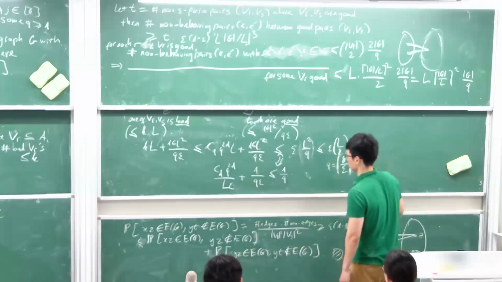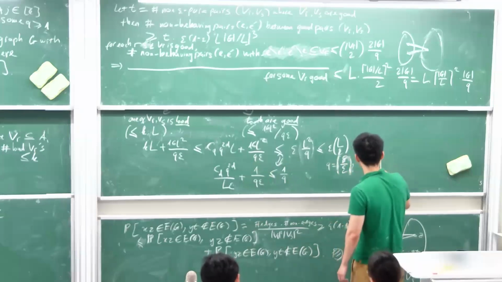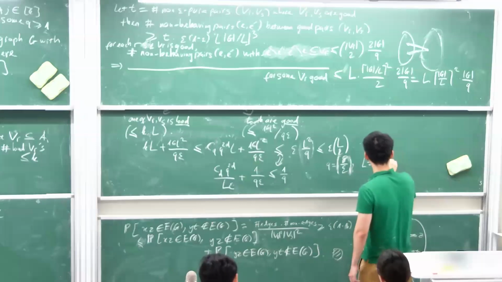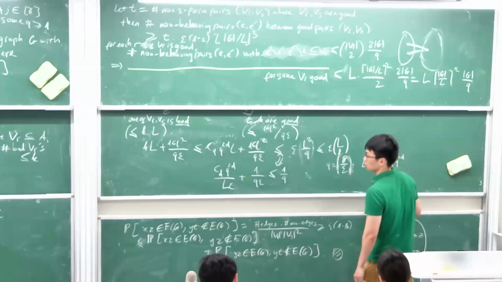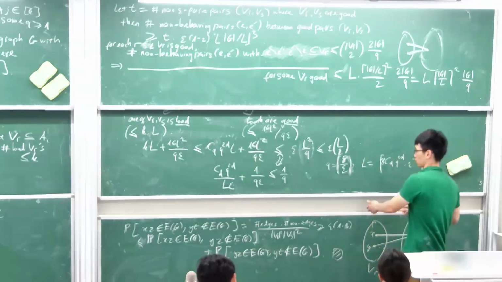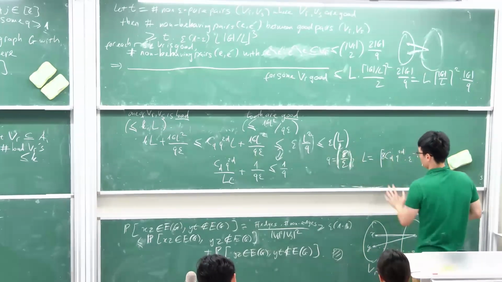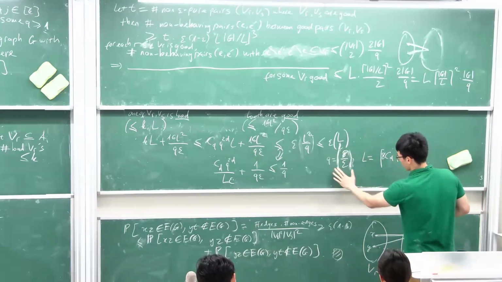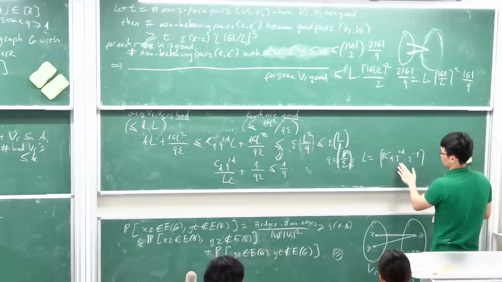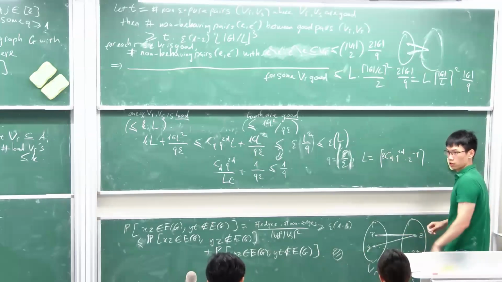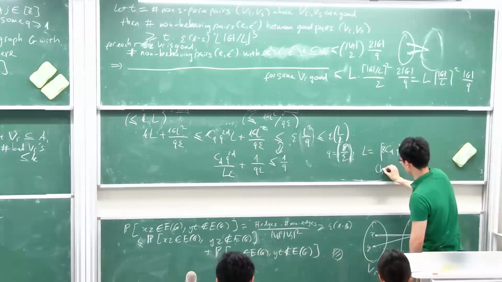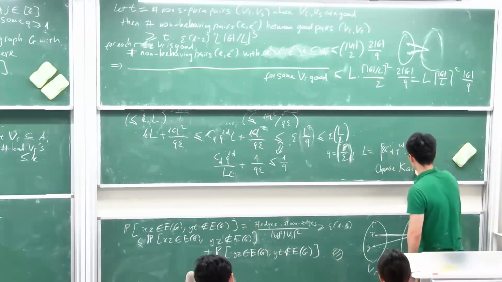So L is C_D times Q to the 2D times epsilon inverse, put a ceiling here. So now this is some power of epsilon, and this Q is linear in epsilon. Right. So then choose accordingly.